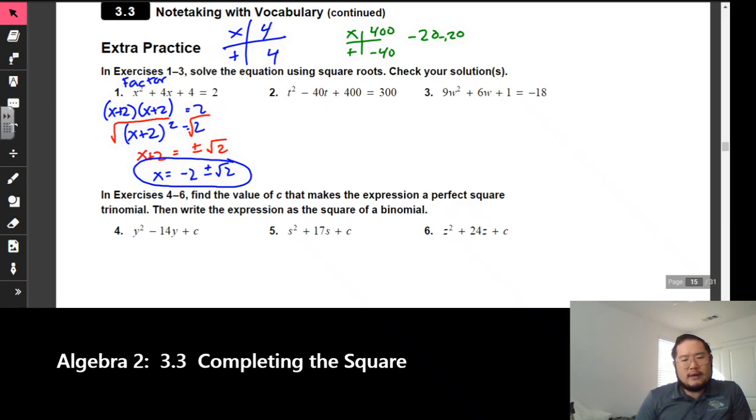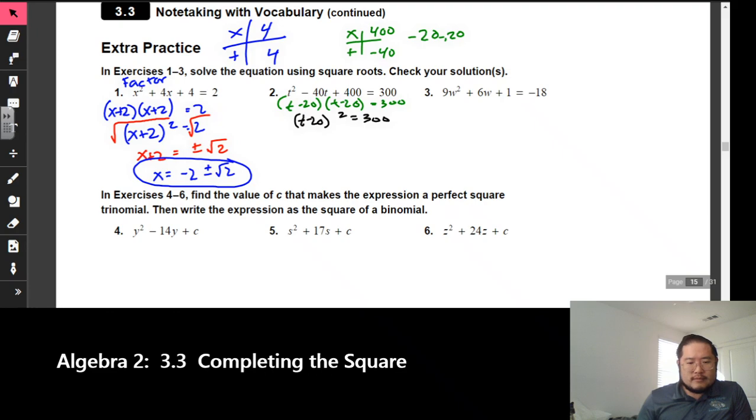If we were to write out the binomial, it's t minus 20 times t minus 20, and that's equal to 300. We'll simplify it and put t minus 20 quantity squared is equal to 300.